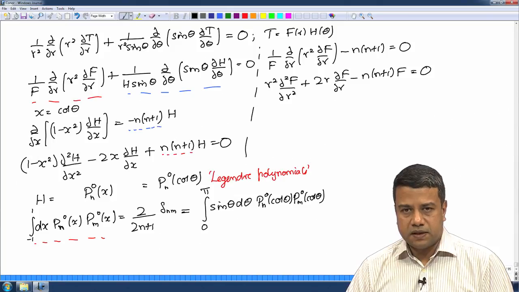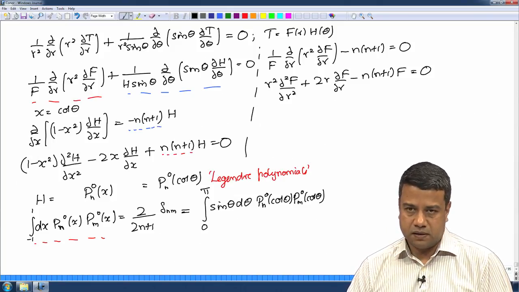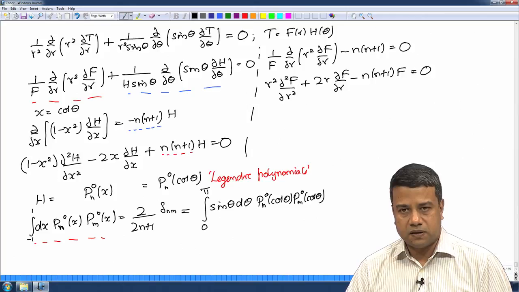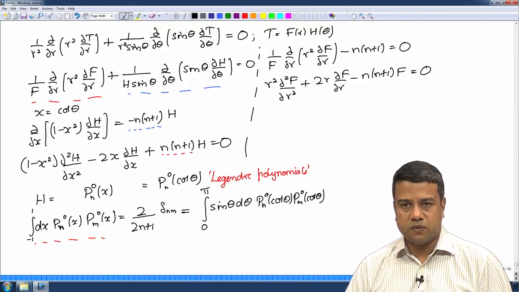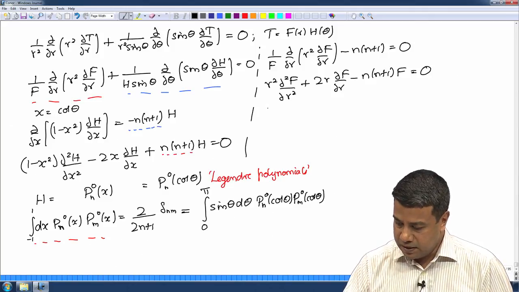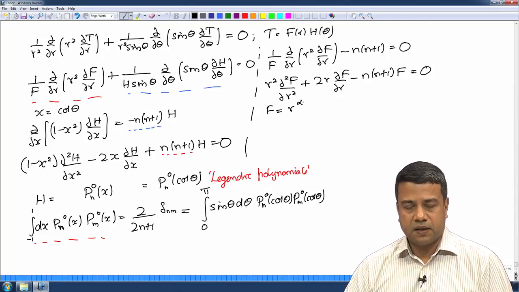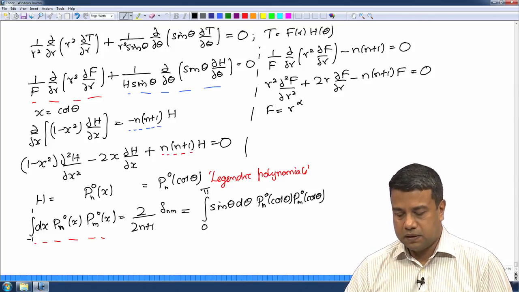This is an equation that is equidimensional in r. Each term here has r to the 0th power. Therefore, the way to solve it is to assume a function of the form f is equal to r to the power alpha.